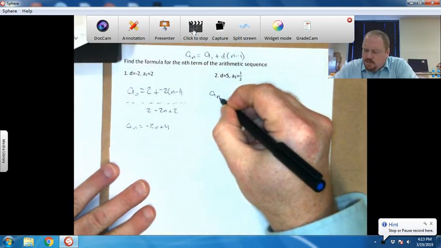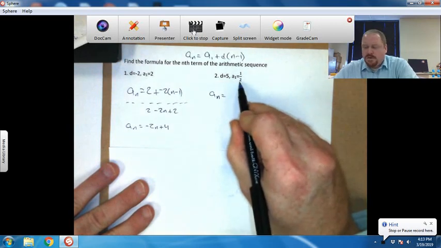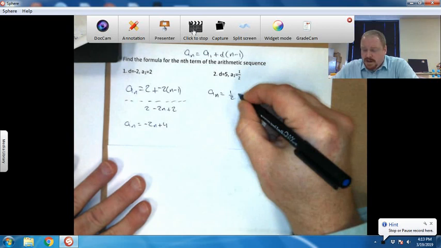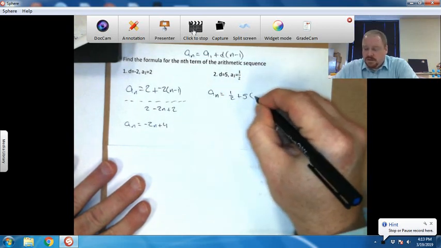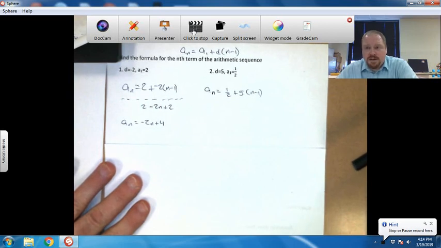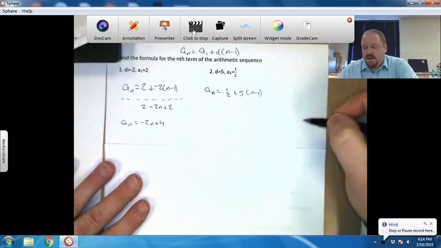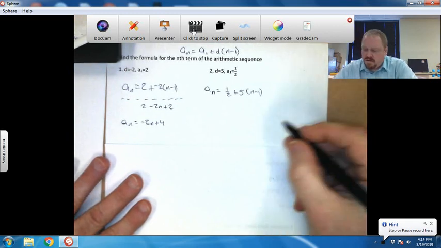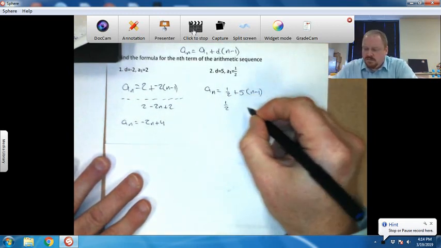So the second one over here, our first number is a half. Okay, we can have fractions. Plus the difference times n minus 1. And again, you're welcome to leave it just like that. But if you are asked for whatever reason to give a simplified version, okay, so we distribute in.